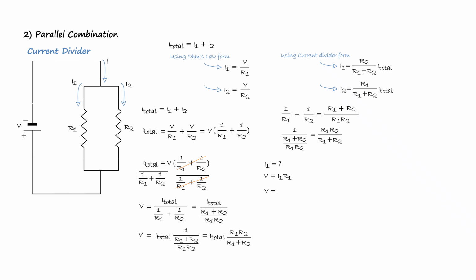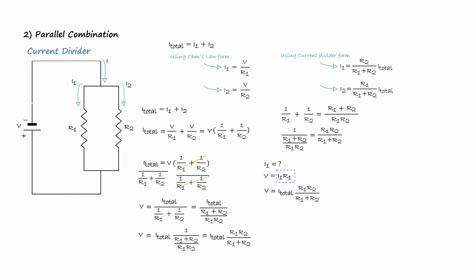And from our equation, we get V is equal to I total times R1 times R2 over R1 plus R2.